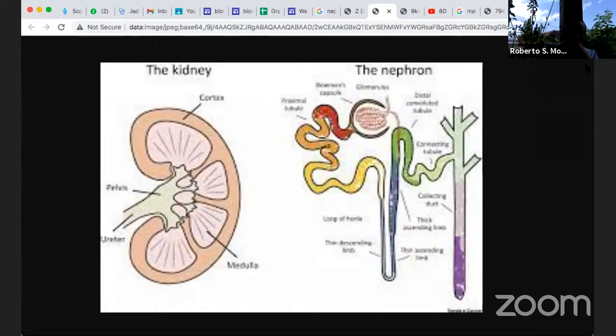Okay? Now, the collecting tubules, guys, will transport the urine, of course, the product of nephron, here to the pelvis. From the pelvis, the urine will go into the ureter.